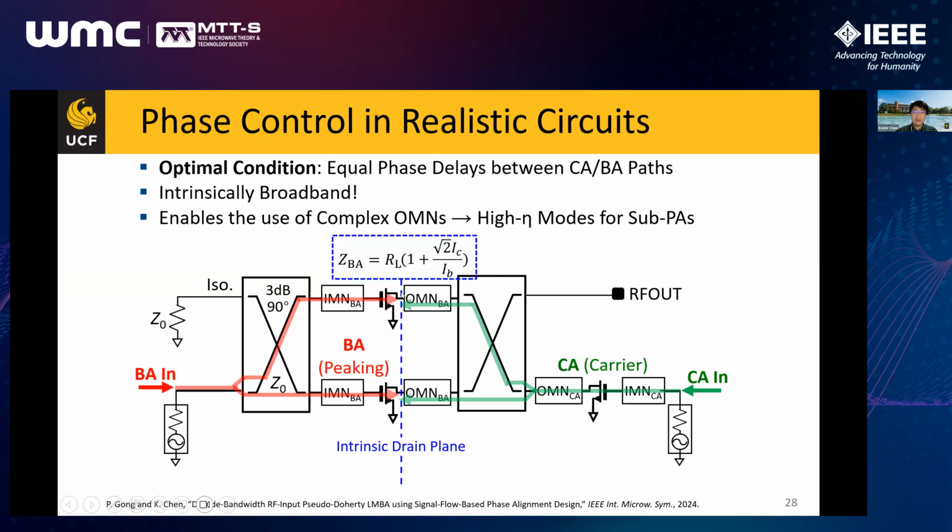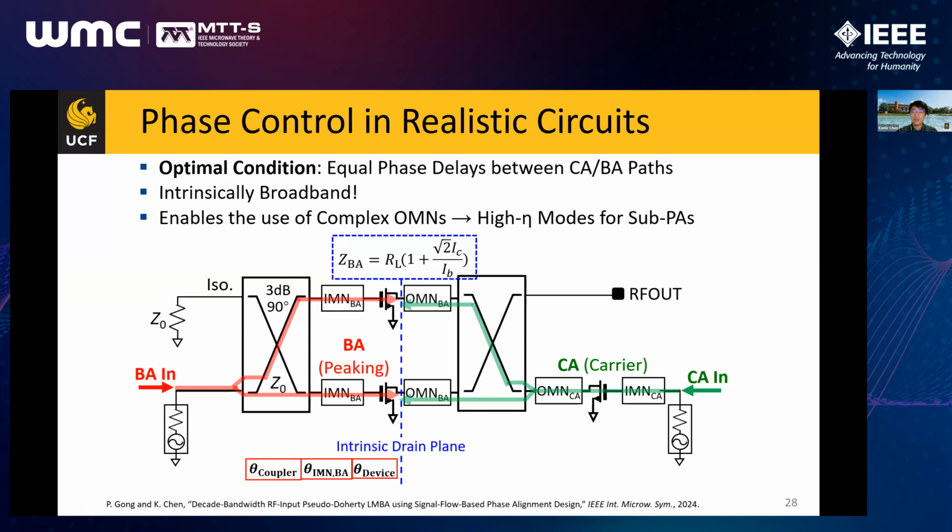So in this case, the question is how we can achieve this condition. And this can be transferred to the phase delay of those two signal paths. As we can see, the signal traveling from left to right in the BA path passes through three building blocks: the input coupler, the input match network of the BA, and the BA device itself.